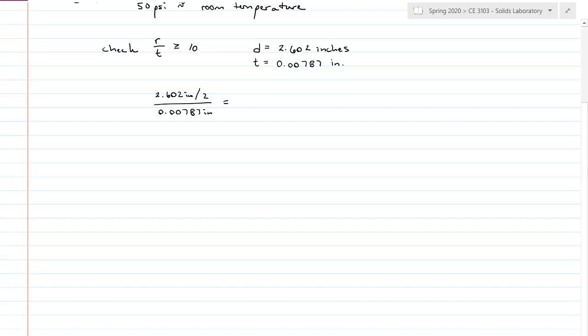Oh, there we go. 2.602 divided by 2 divided by 0.00787. 165. I would have to say that is greater than 10. So this is a thin wall pressure vessel.